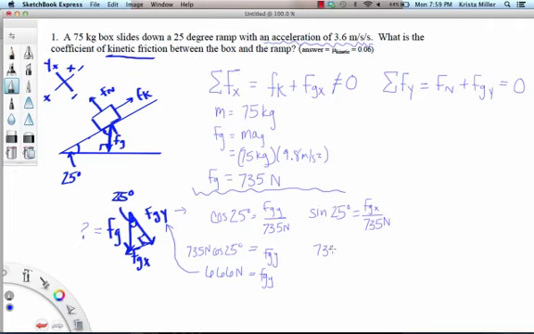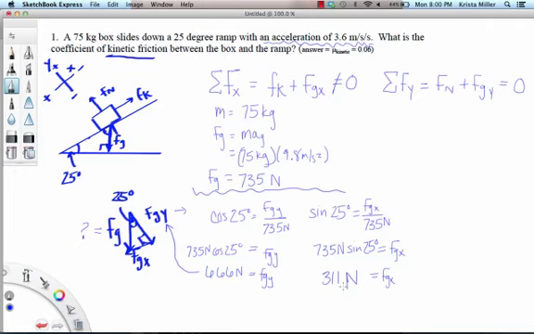So we have 735 newtons times the sine of 25 degrees, because we're multiplying on both sides to cancel it out over here in the denominator, equals the force of gravity in the x direction. So the force of gravity in the x direction is going to be equal to 311 newtons. And again, if you're not getting the same numbers I am, check your calculator, make sure that you are in degree mode as opposed to radian mode.